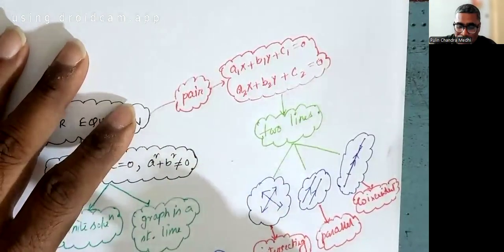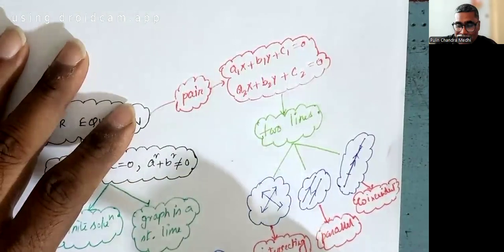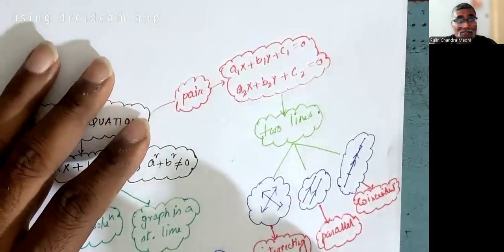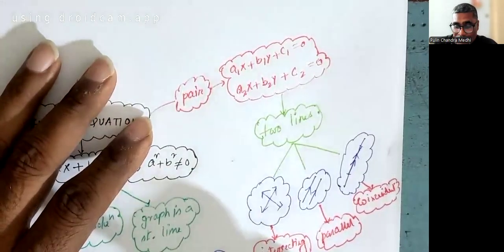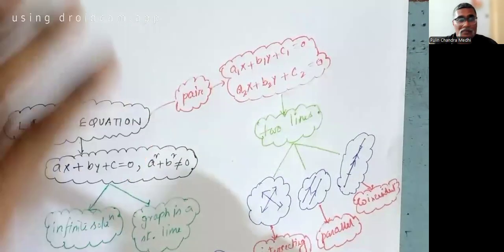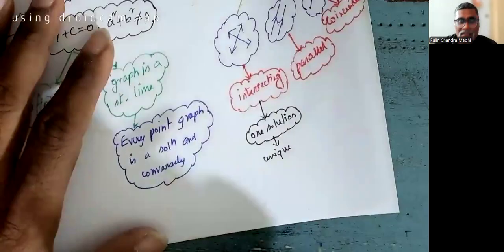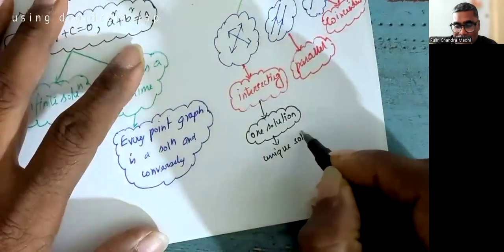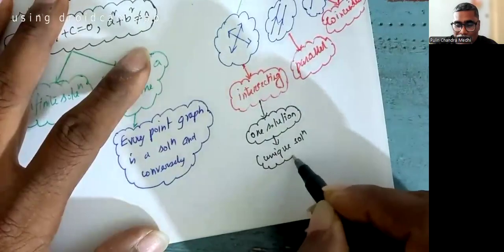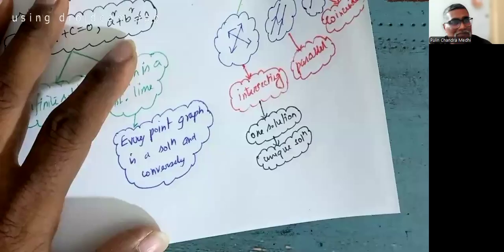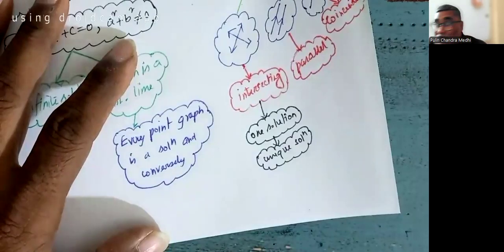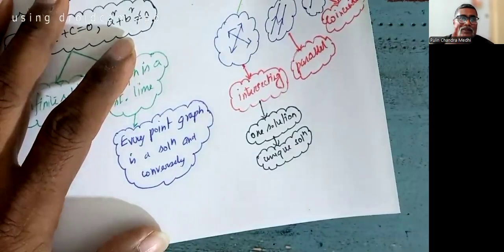Acha, one solution is termed as what? It is a unique solution. That means if the lines are intersecting in the graph, the equations will have one solution. That is a unique solution. Good.